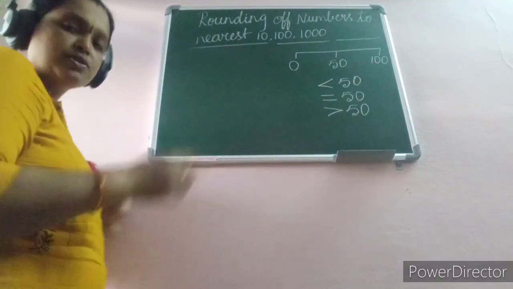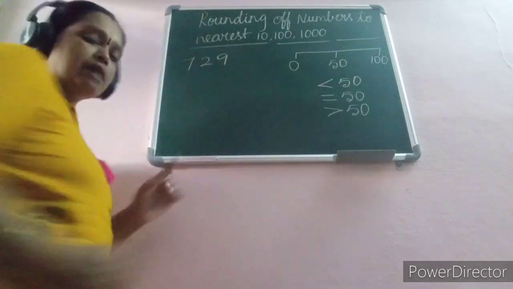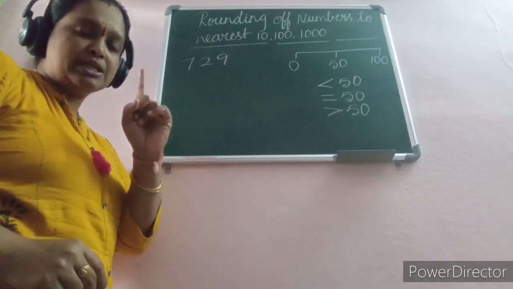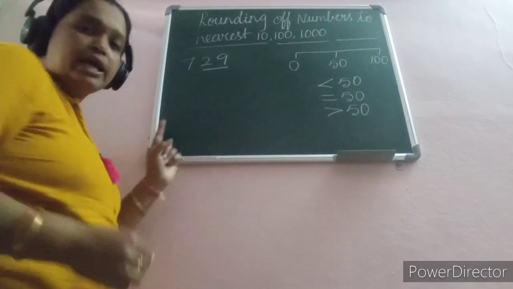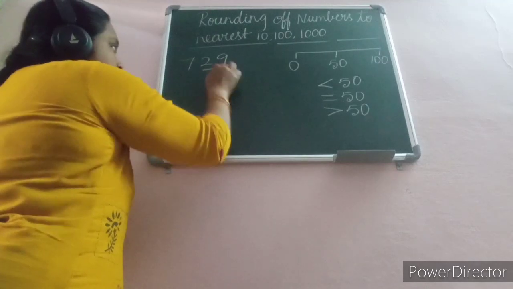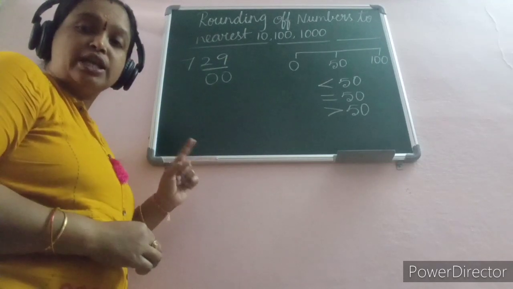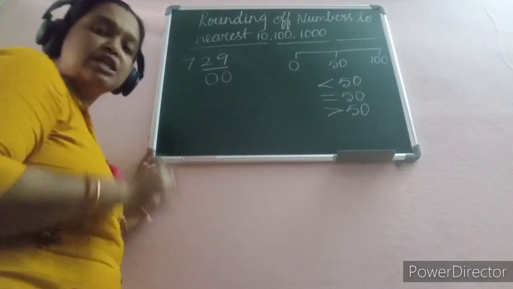Now let's come back to the examples. Like 729, our step 1. Hope you remember the steps. Step 1, underline 29. And these 29 are going to be zeros in our answer. When you round off the number to the nearest 100, compulsory it should contain two zeros in your answer.